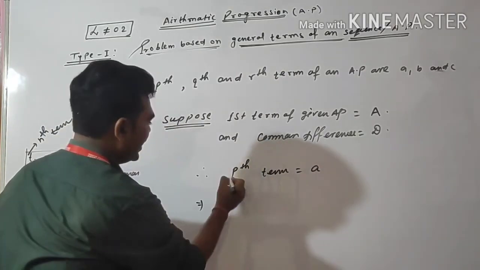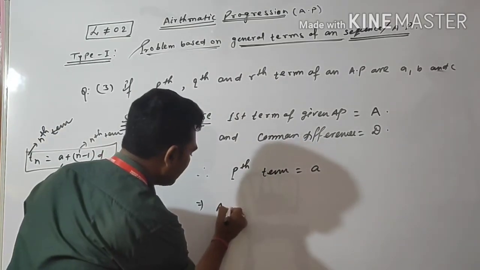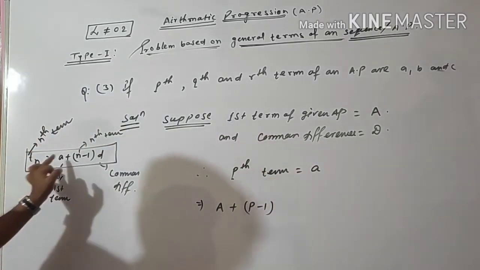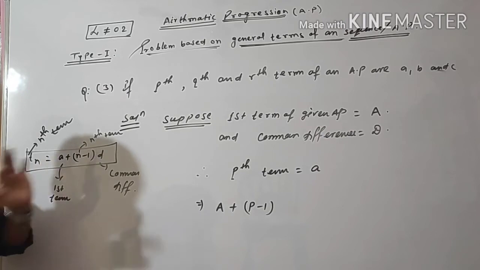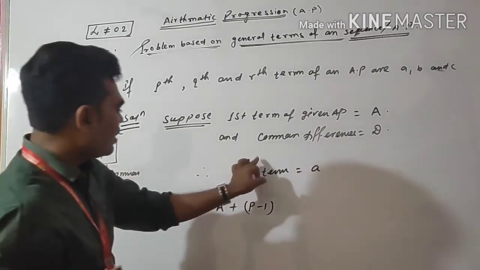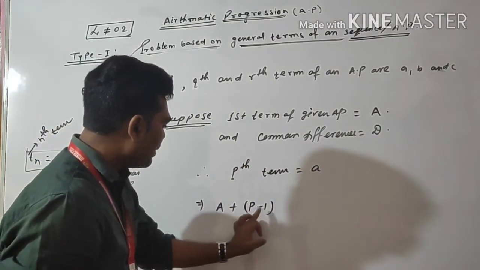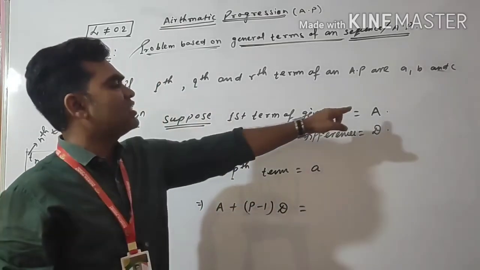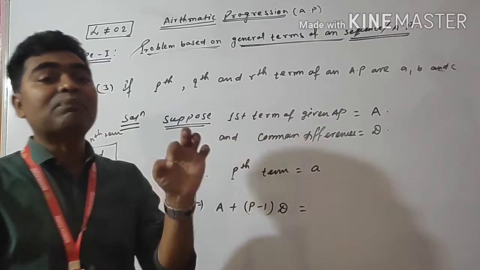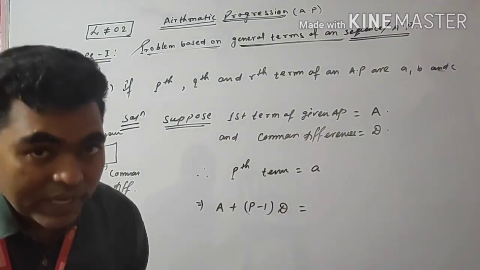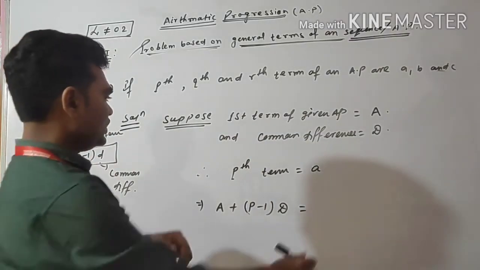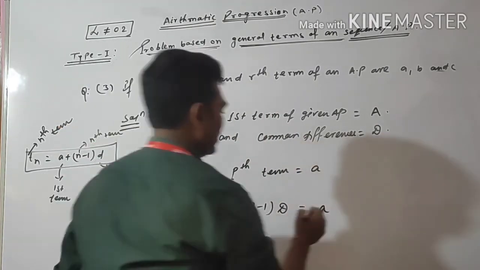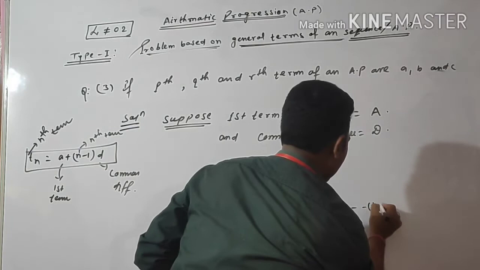Now the nth term is a plus n minus 1 into d. Therefore the pth term is equal to capital A plus p minus 1 into capital D, because here the first term is capital A and the common difference is capital D. Okay, got it? And this equals a. Equation number 1.